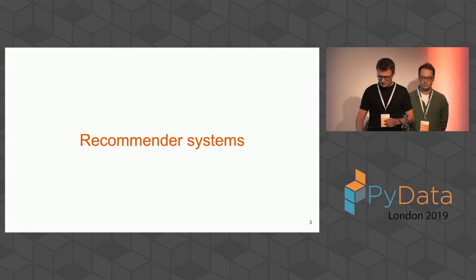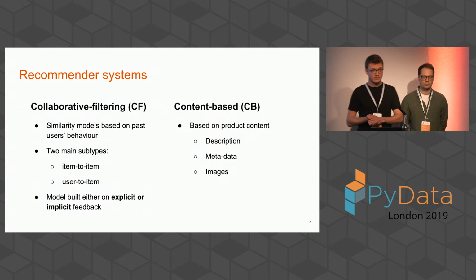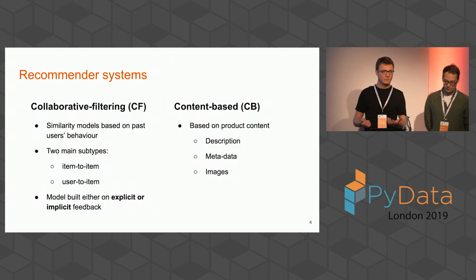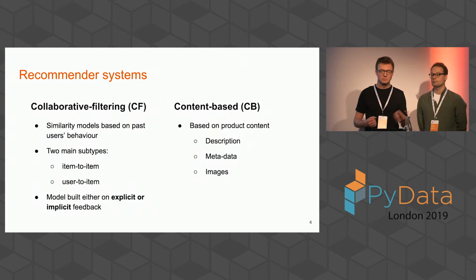And in recommender systems, we distinguish two main categories, collaborative filtering and content-based. And this term collaborative filtering has two meanings, one narrow one and one broad or generic one. In the narrow one, collaborative filtering is just an algorithm to predict ratings users give to items. And in the broader one, it's a family of algorithms that predict future user behaviors based on past user behaviors.